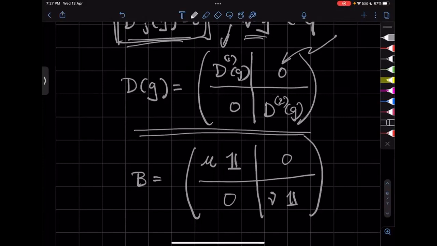But if you zoom into the bit which is the irreducible representation, although B for the reducible representation is not the identity matrix, for that bit, B is proportional to the identity matrix.